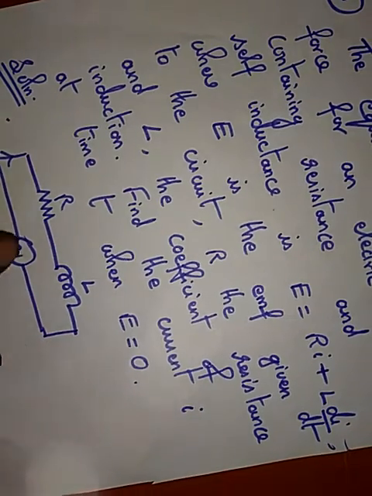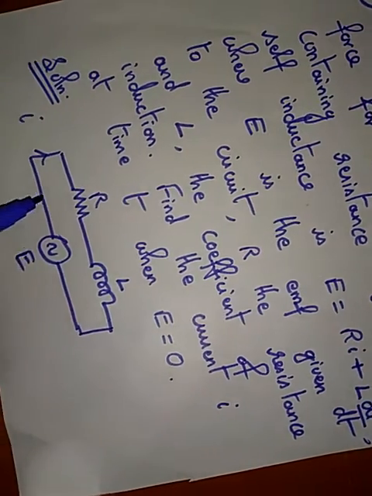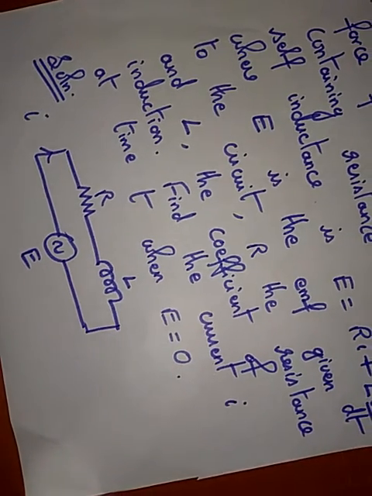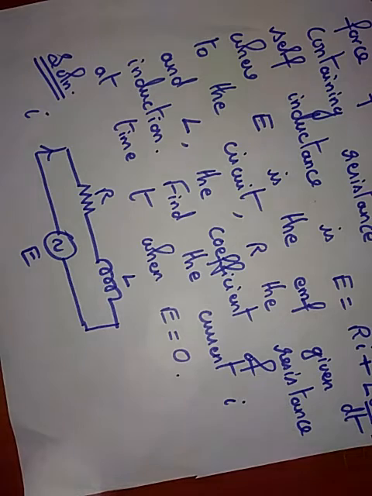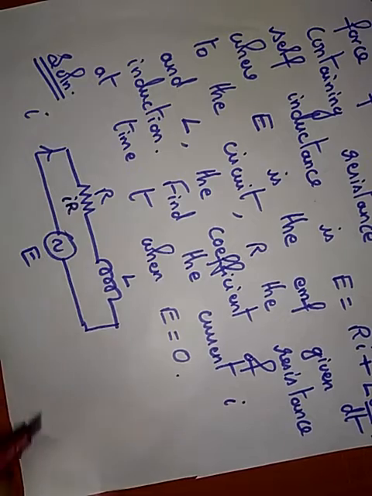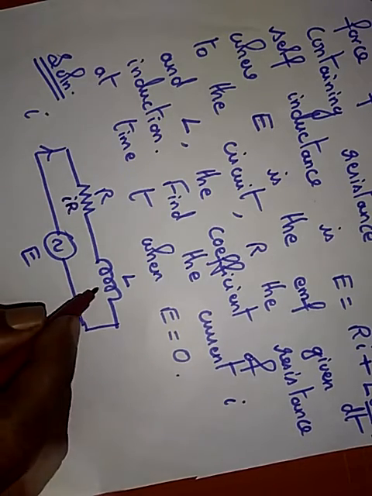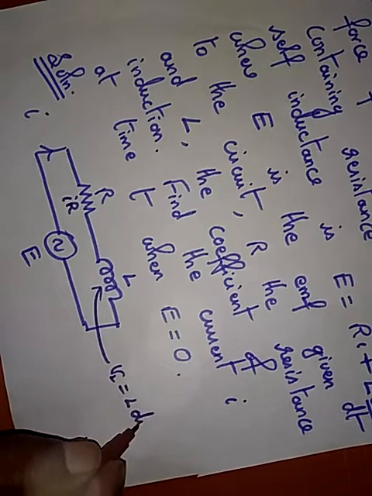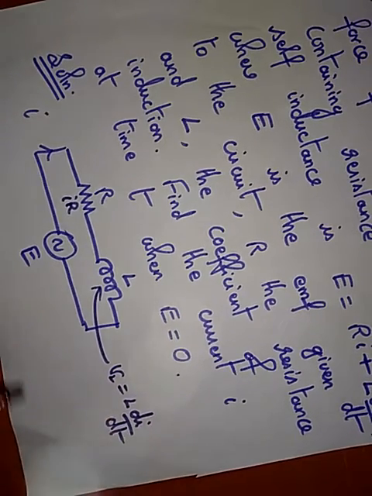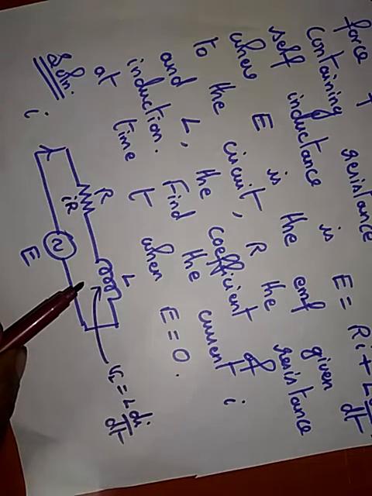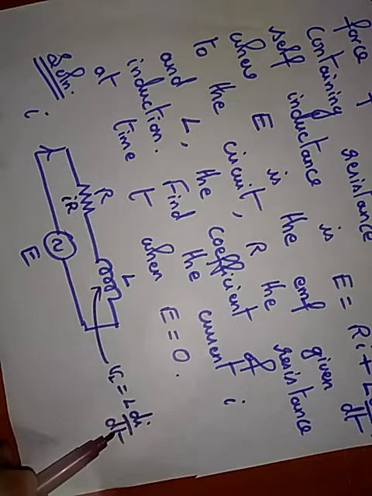So this is a typical circuit having R and L. This is the applied voltage. The voltage drop across R is IR, and the voltage drop across L is VL, which is equal to L di by dt.